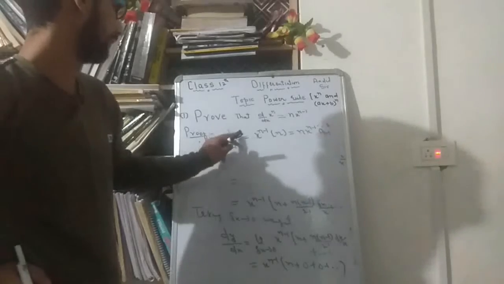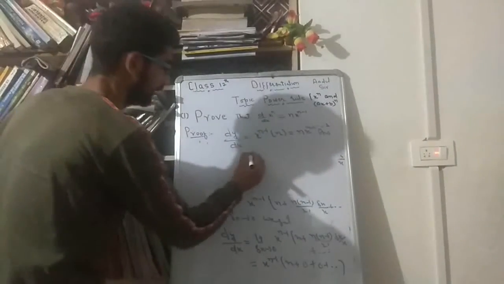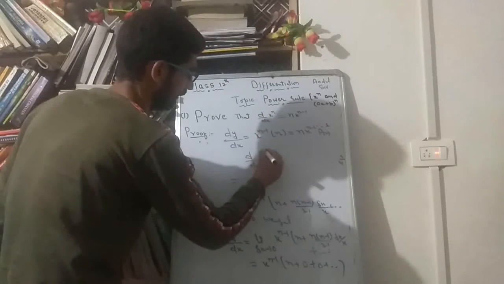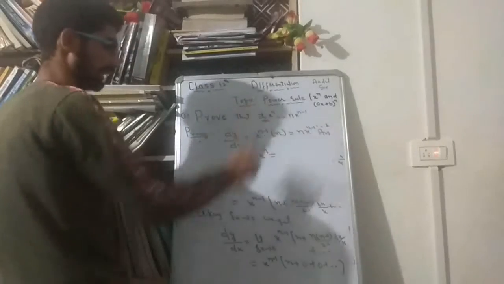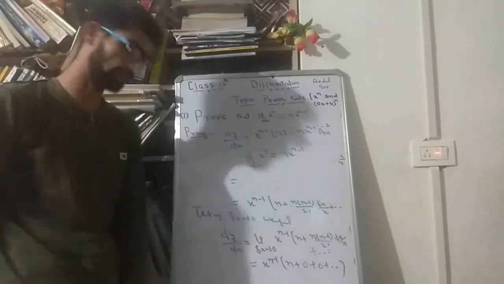This is our solution, because this is dy, and we know that y we have taken as x raised to n. So that means d by dx of this y, that is x^n, by the first step we have taken y as x^n, equals n x^(n-1). Hence proved, this was our result. So we got the derivative of x^n equal to n x^(n-1).